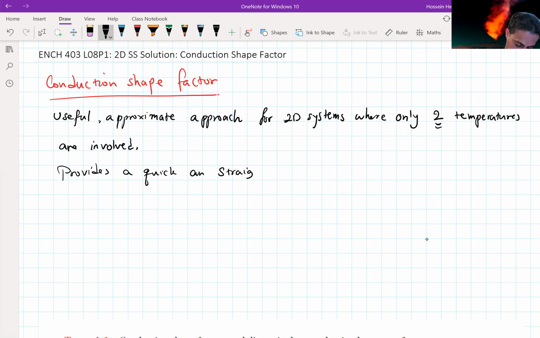Let's say this is the ground surface, and somewhere down there we have a buried pipeline. This is just a cross-section, but the pipeline goes deep into the system. The surface has a temperature of T2, and let's assume the depth at which the pipeline is buried is Z, with a diameter of D.